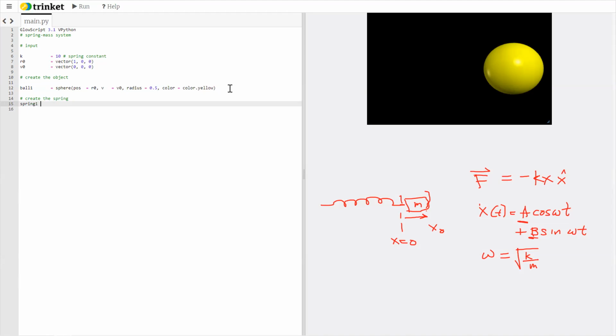Spring 1. For a spring, there's a specific object, helix. The position of the helix will be the position of one end of the spring. And then the other end, or the length of the spring, will be given by the axis, and the direction will be the same direction as the motion.